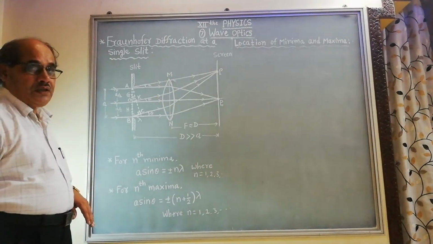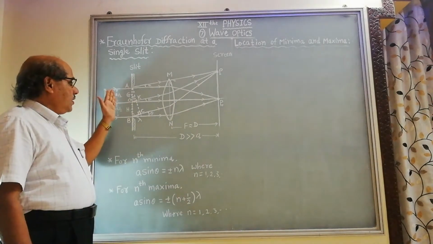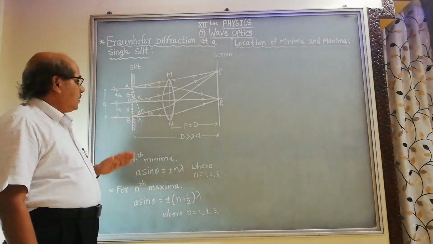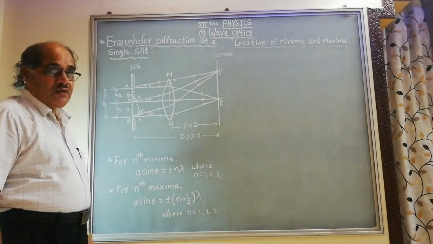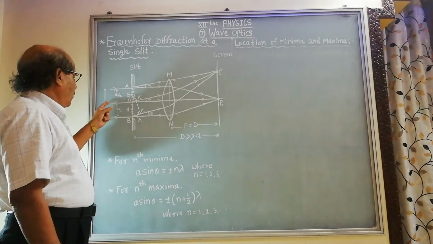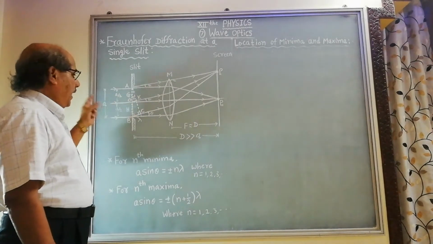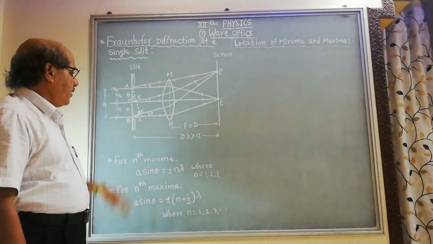That is, the plane wavefront is incident on the narrow slit AB, which is having width A. So A is the slit width.